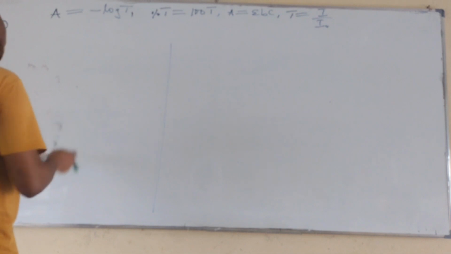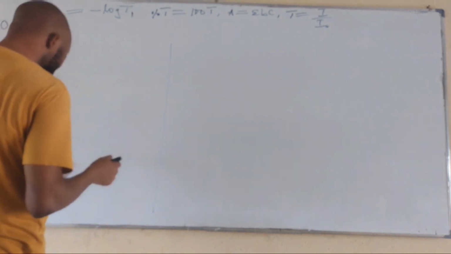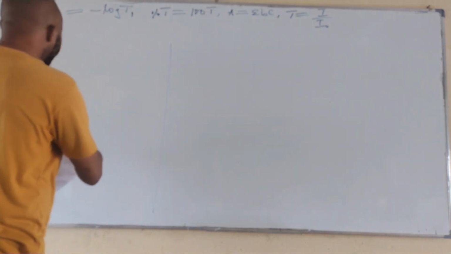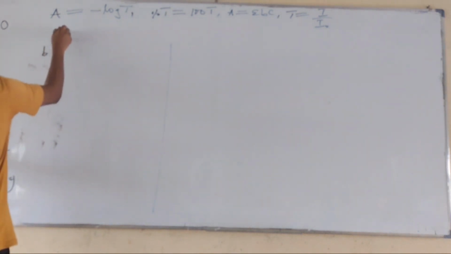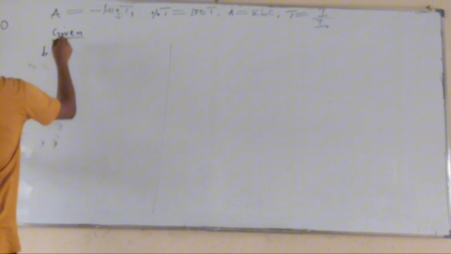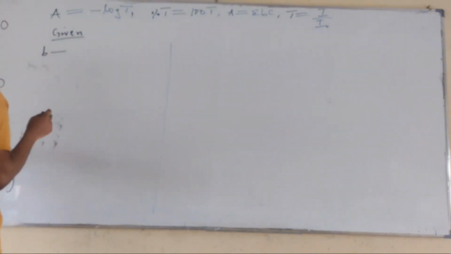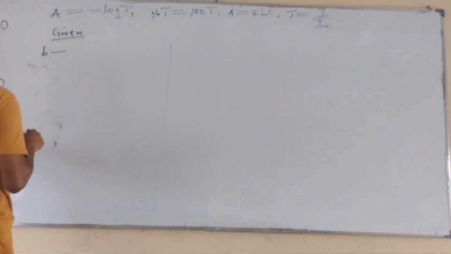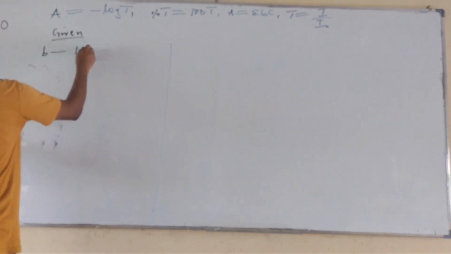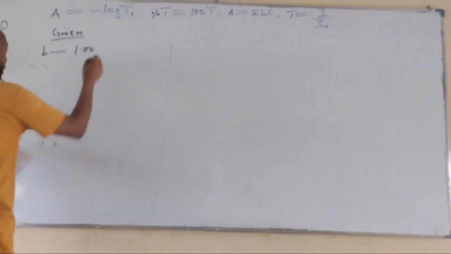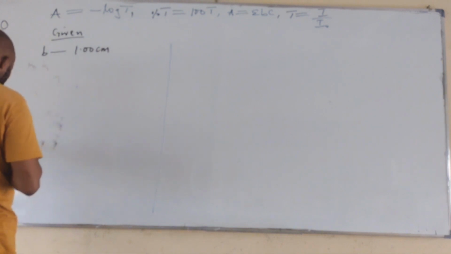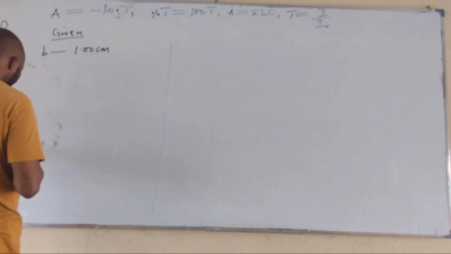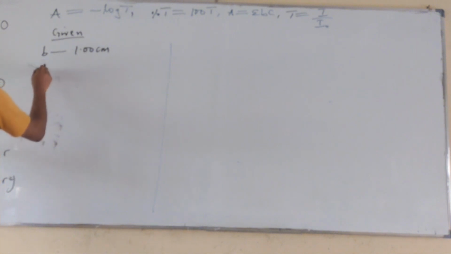It says that the measured absorbance of a solution with a path length, so the path length is given, which is B, so these are the variables given. The measured absorbance of the solution with a path length of 1.00 cm is 0.544. That is absorbance.